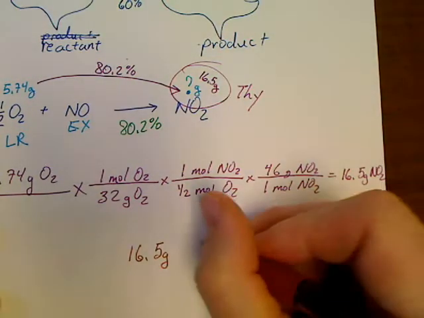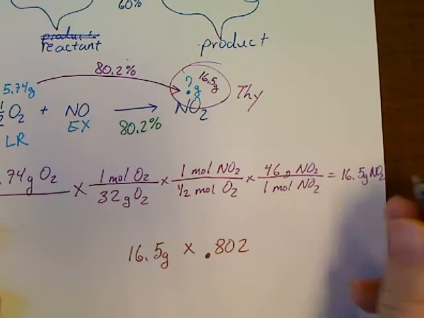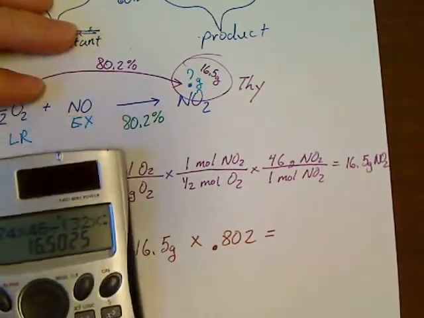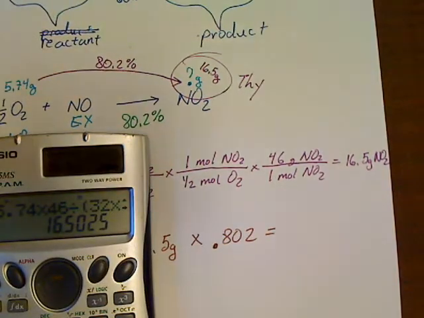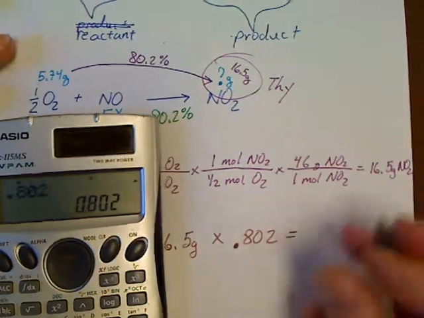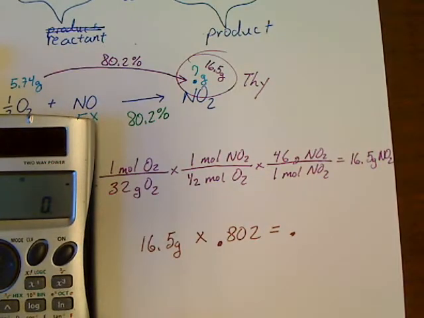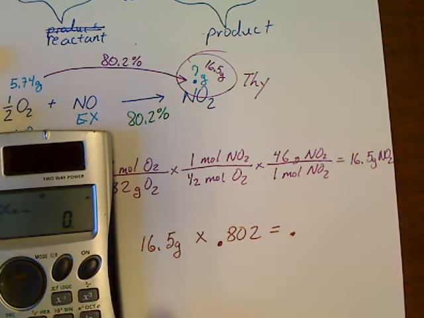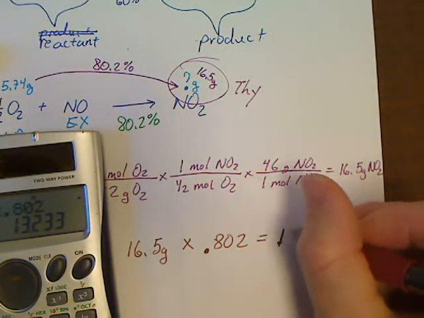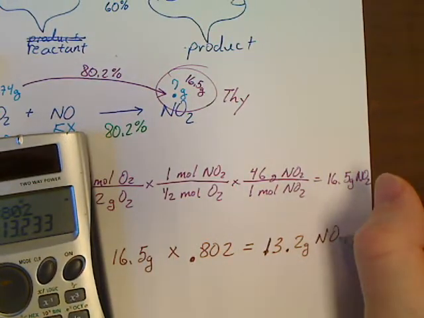16.5 grams times 80%, 80.2 in this case, which means in this problem, 16.5 times 0.802 equals, I messed up, so let's try this again. 16.5 times 0.802 equals 13.2 grams of NO2.